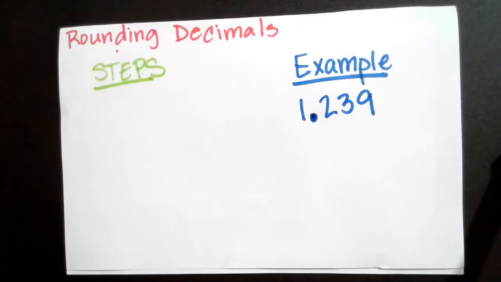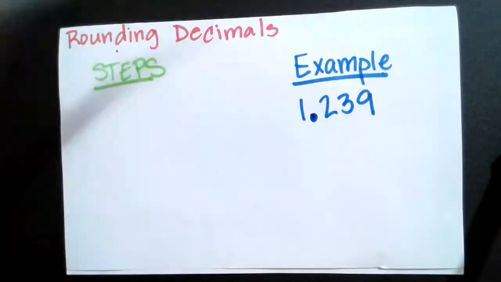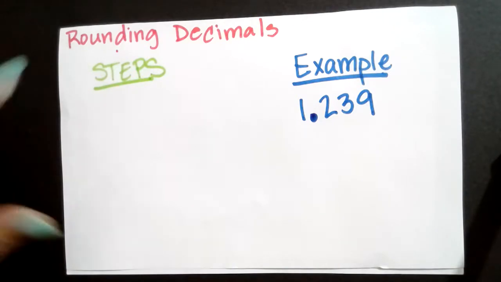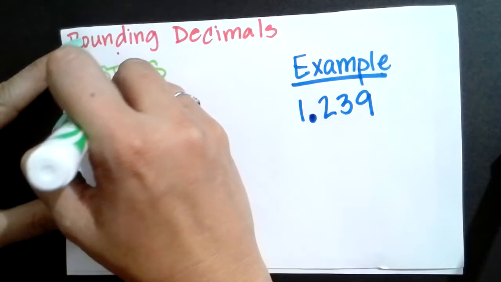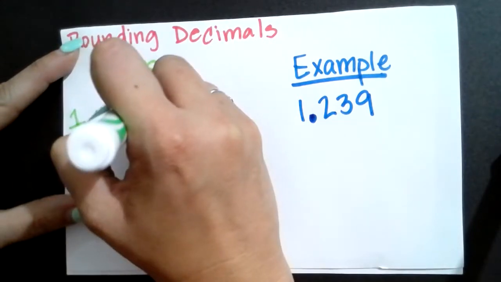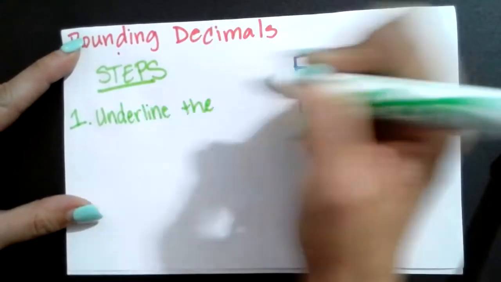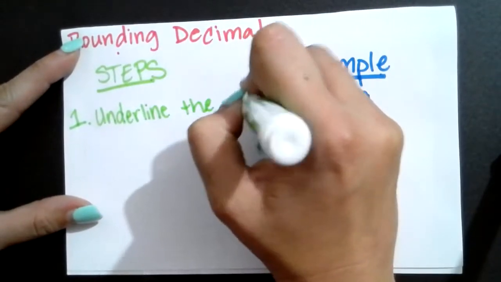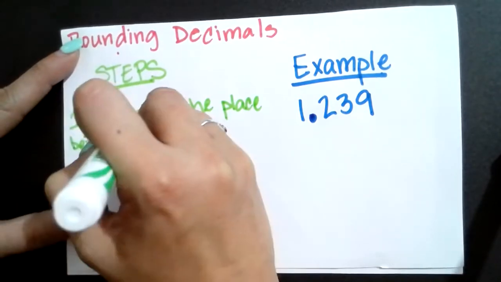Step one is to underline the place being rounded.